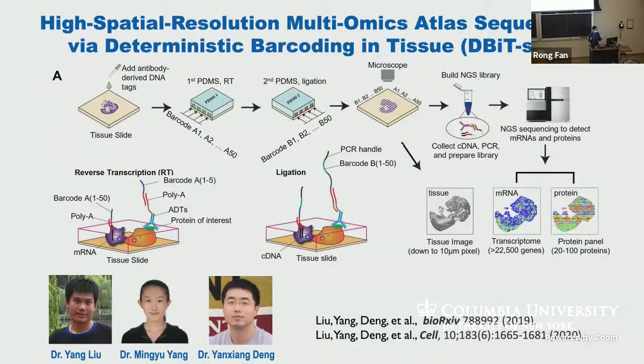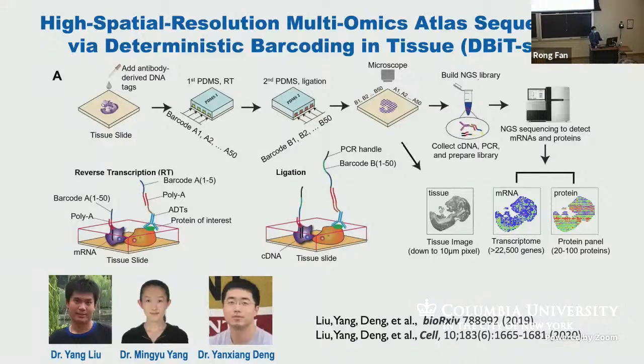Each oligo has an oligo dT to detect the messenger RNAs, or the poly A tail of the DNA-antibody conjugates. Afterwards, you do in-tissue cDNA synthesis. So you already have cDNA in the tissue, but only one direction. You don't get a two-directional address code, right?